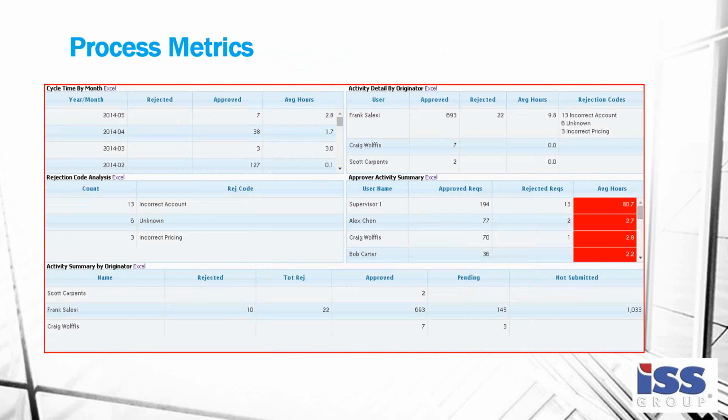As you'll notice, Supervisor 1 has rejected 13 requisitions. Maybe there's a good reason, maybe there's not. Why does it take 80 hours for them to go through the approval process? So the question is not whether this is good or bad, but to give you the information you need to understand how this information is applied.